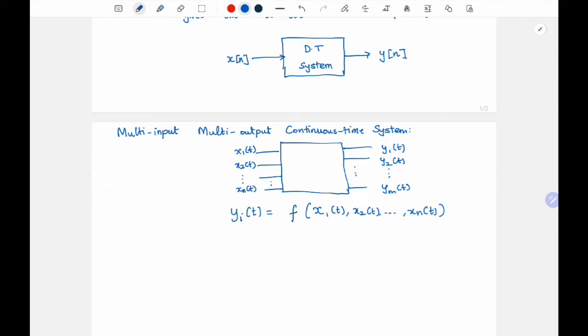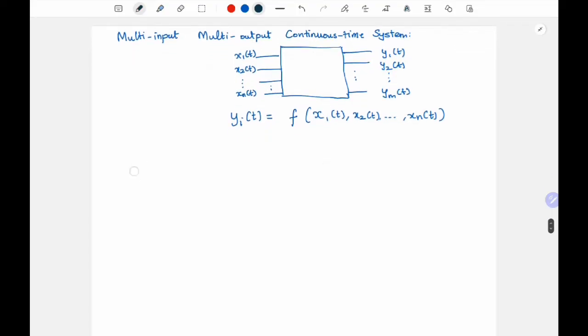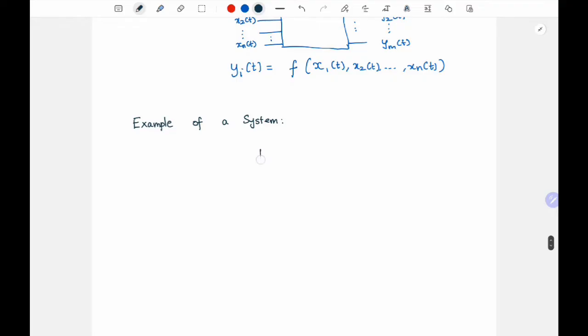Okay. So now let us see an example of a system. Okay, so I will draw a box. Let's say this is the input, some Vi of t. Okay, and it goes to a resistor and then a capacitor. So this is a simple RC circuit, right?